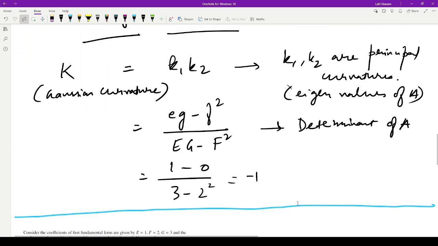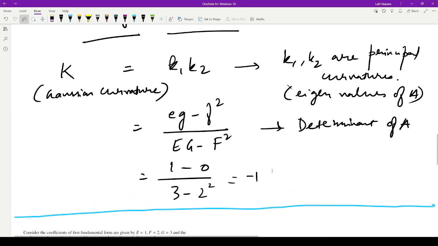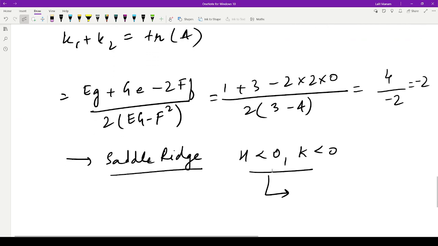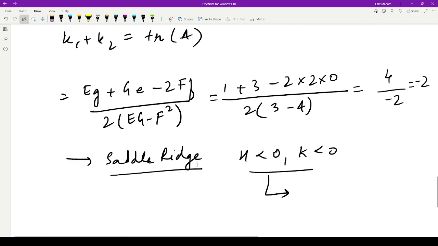But K is less than 0, right? Gaussian curvature is less than 0. K is minus 1 and H is minus 2. So it's the Saddle Ridge. I'm confusing the notation. Okay.